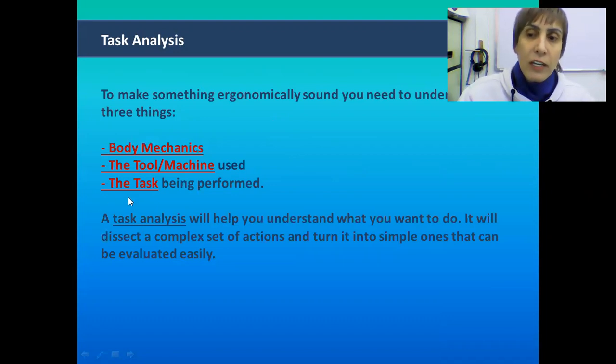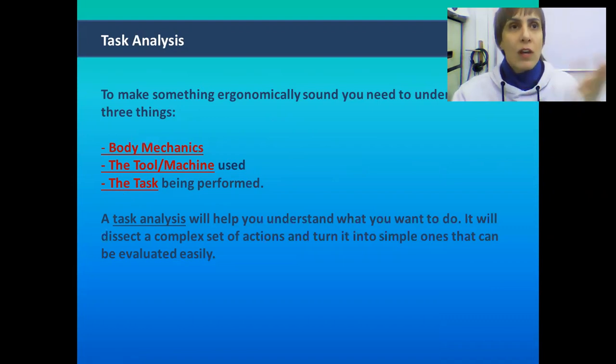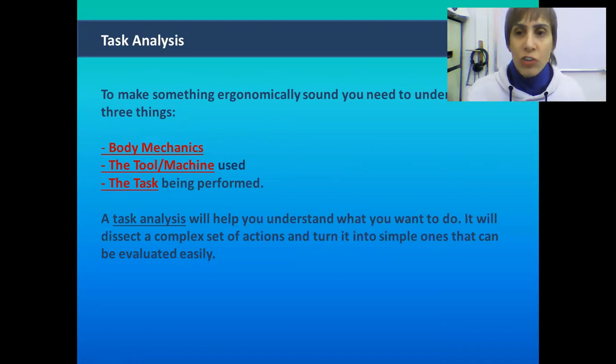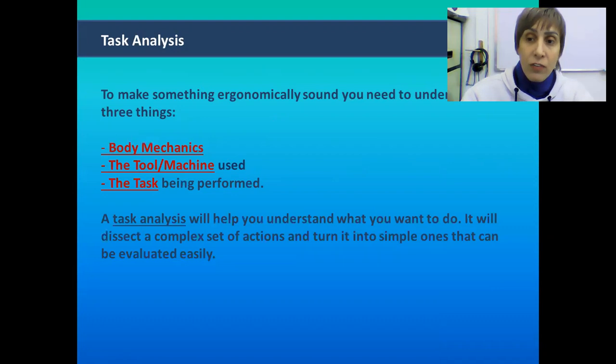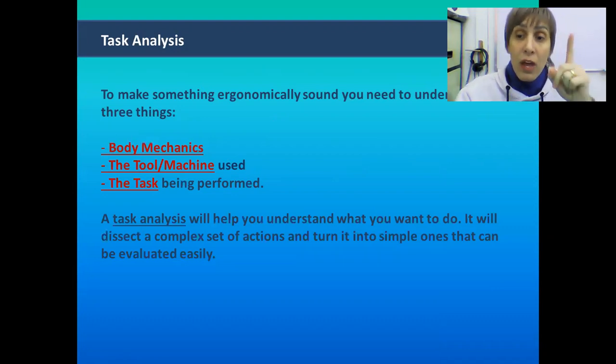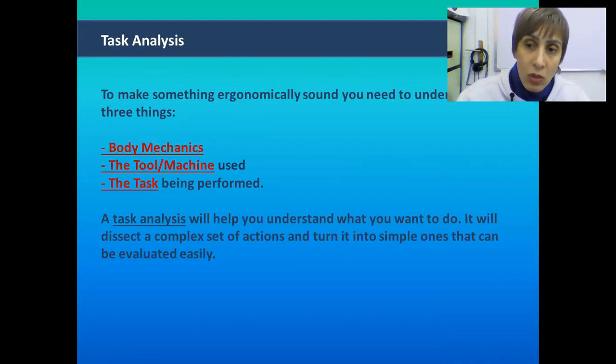And the task: I need to know what tasks are being performed using this tool, product, machine, call it whatever you want, system. So what are the tasks being performed? Sometimes it is just one task. Sometimes you have 5, 10 tasks that can be performed with one product. So we need to know all of the tasks that can be performed. We need to understand these three things before we can move on.